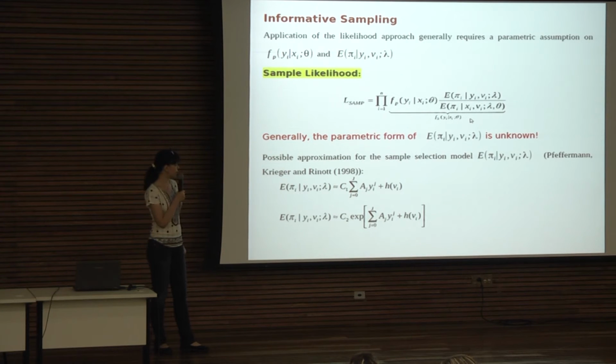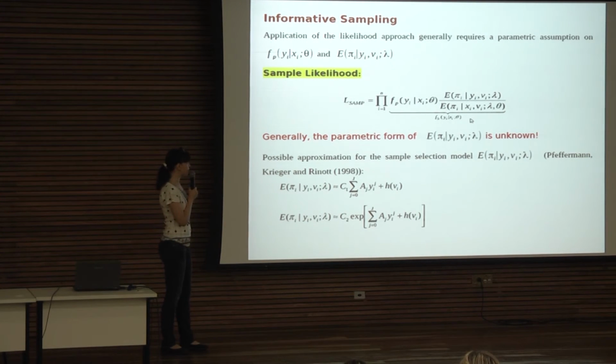Here, the expectation in the denominator is actually the integral of the product of the population density and the expectation in the denominator. Note also that the vectors of auxiliary variables may not be the same in the population and in the sample selection models.